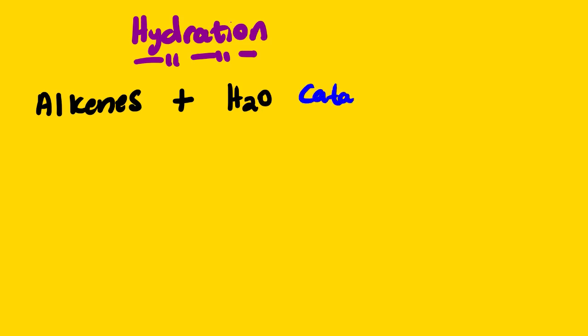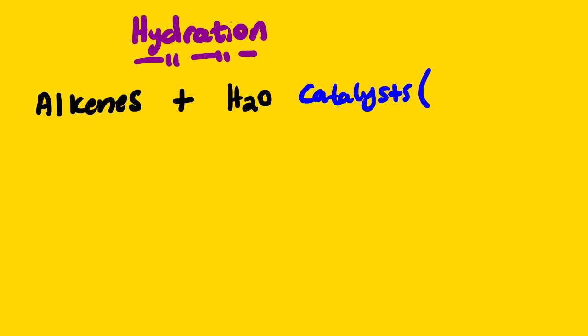So for this reaction, we require alkenes and water molecules together with acids. But our acids will be in the form of a catalyst, so we are going to need catalysts.